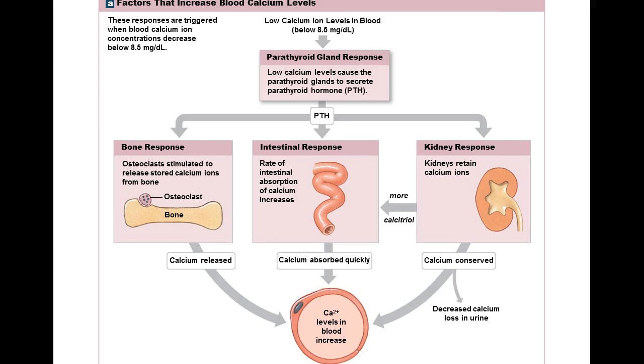So if they drop below a certain level, 8.5, a message is sent to the parathyroid gland to secrete parathyroid hormone, so PTH.